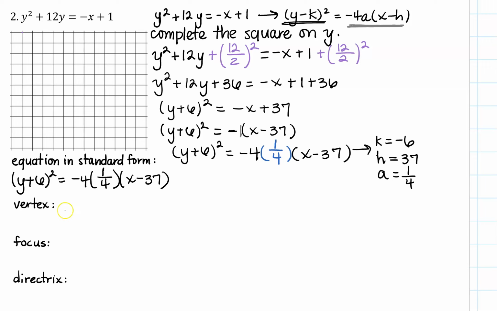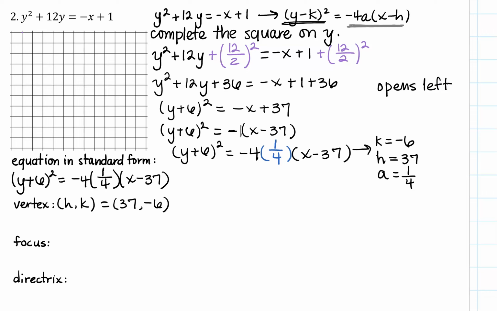Our vertex is the point h, k. We know h and we know k. So our vertex is the point 37, negative 6. From looking at our equation in standard form, we know we have a parabola that opens left.